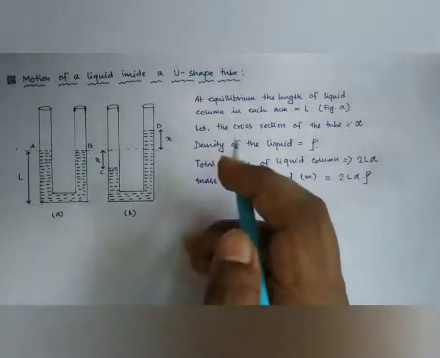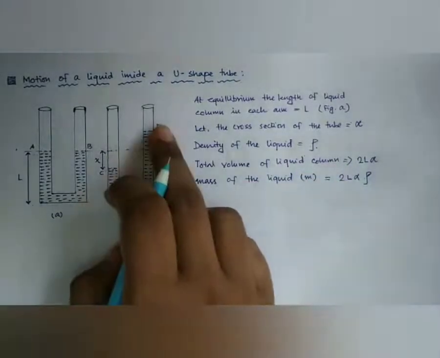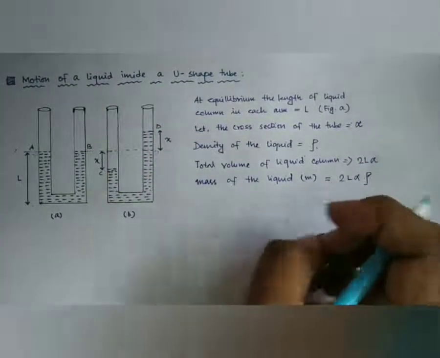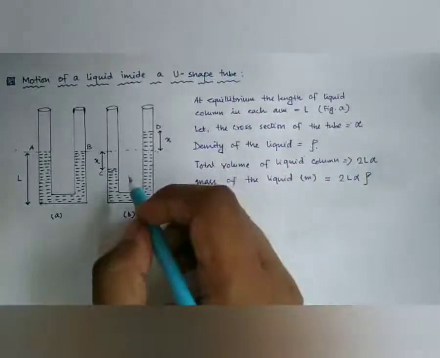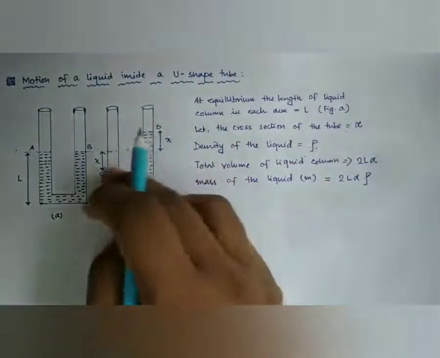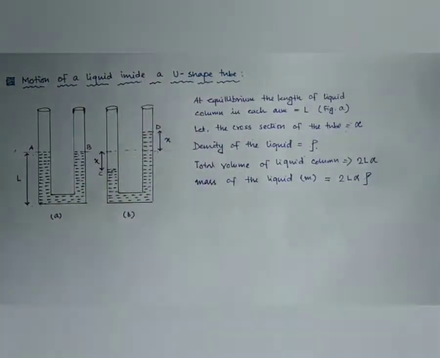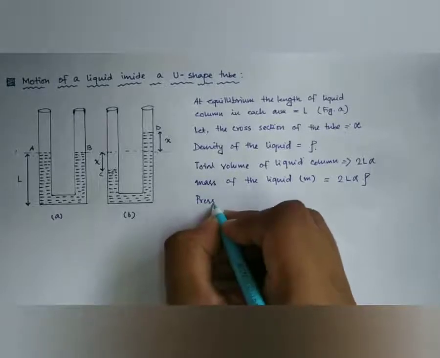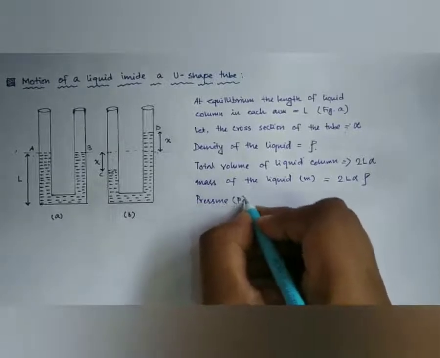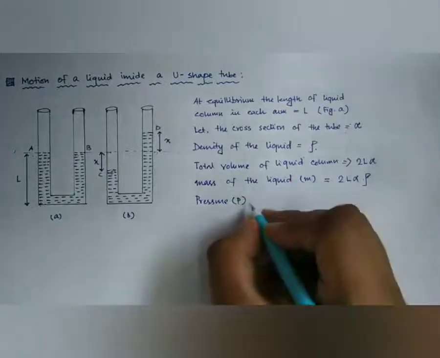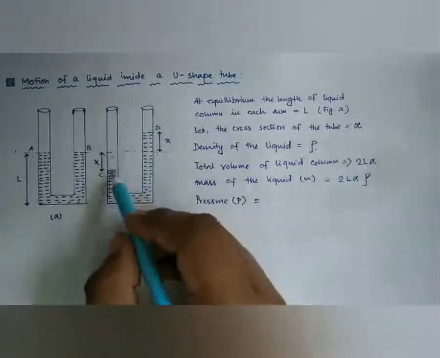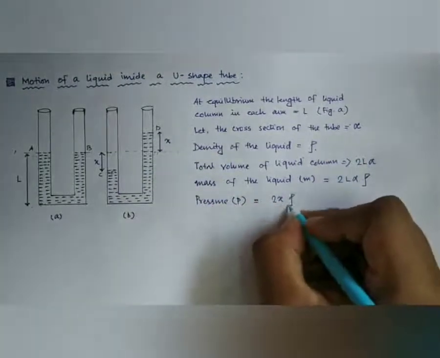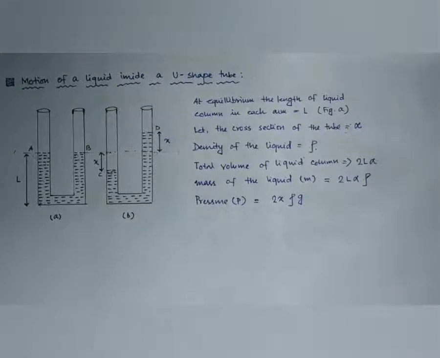A difference of pressure will be between these 2 points, C and D. So due to the weight of the liquid column and the length difference between these 2 points, C and D, there will be a pressure. The pressure difference P is the height x plus x, that is 2x, the density of the liquid, it is rho, and the acceleration due to gravity, 2x rho g.